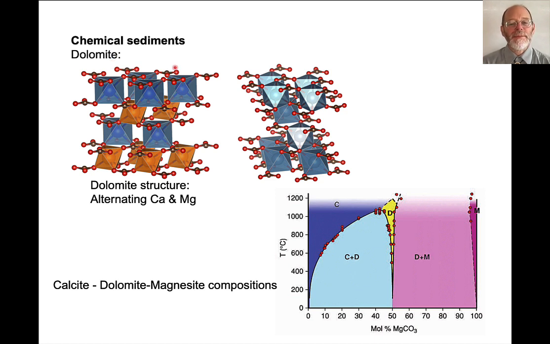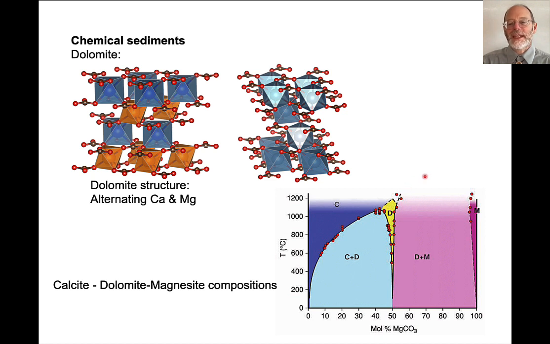Calcite, dolomite, and magnesite are all related to each other by calcium-magnesium exchange, which is not very ideal thermodynamically. And as a consequence, these three minerals have solvi between them. So here is the calcite-dolomite solvus, and here is the dolomite-magnesite solvus.